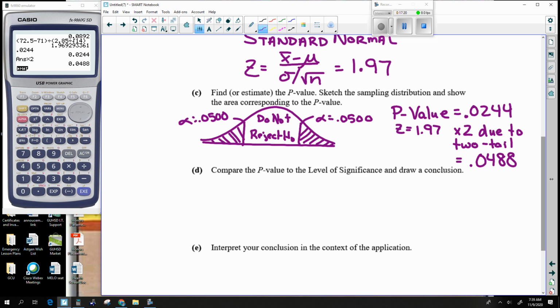Our p-value is 0.04. Again, think of this as a distance from the edge. If this is 0.05, our p-value is 0.04, which is shorter. 0.04 is smaller than 0.05. So our p-value stops about right there, and it falls within that rejection zone.